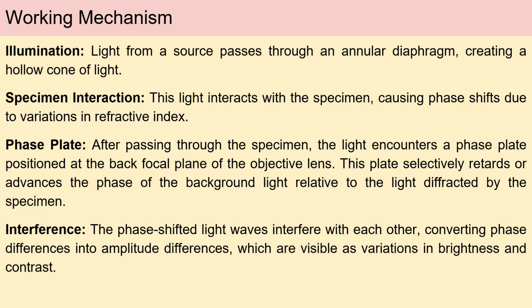When these phase-shifted light waves recombine, they interfere with each other, transforming the invisible phase differences into visible differences in amplitude or brightness. This interference enhances the contrast, making the transparent or colorless structures of the specimen visible without staining. Thus, phase contrast microscopy allows for the detailed observation of living cells and tissues in their natural state.